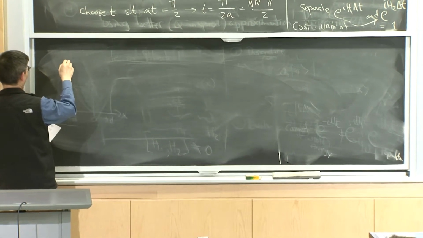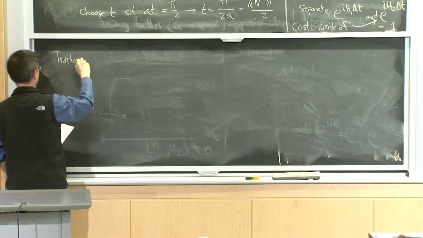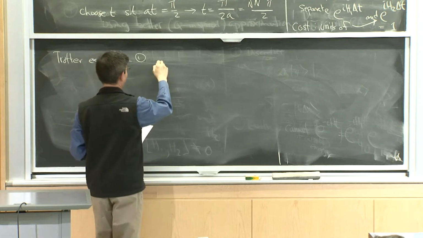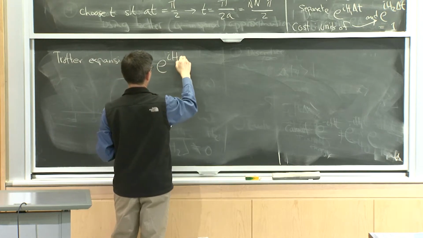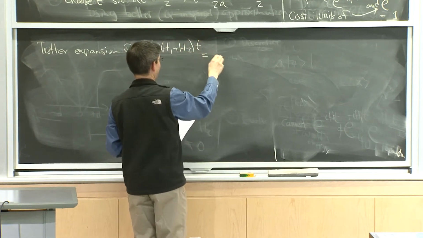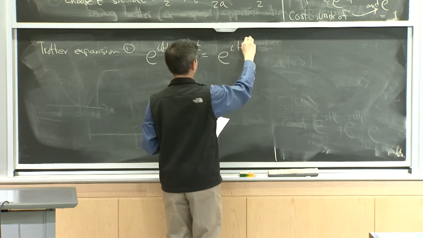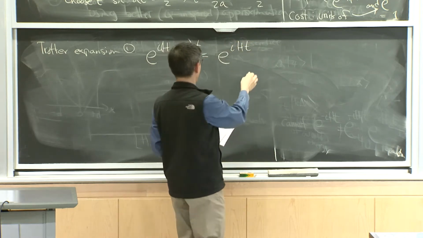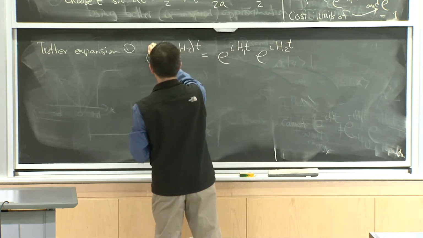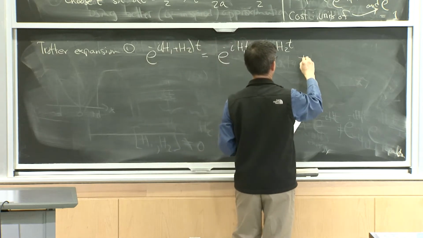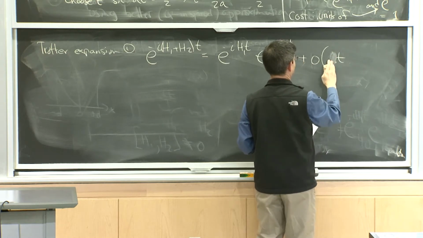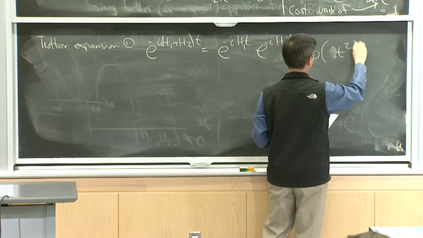And I'll give you the actual formula. What we have is that e to the i (h1 plus h2) t is exactly equal to e to the i h1 t, these can be delta t's if you wish, times e to the i h2 t, plus order of delta t, insert deltas there yourself, squared.